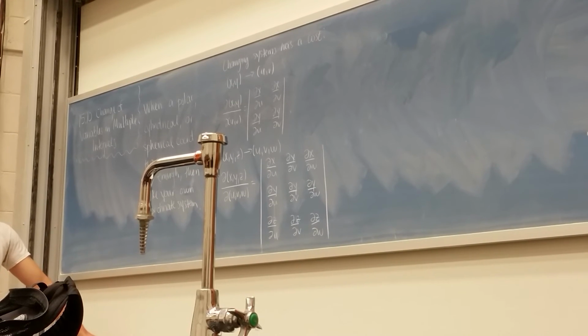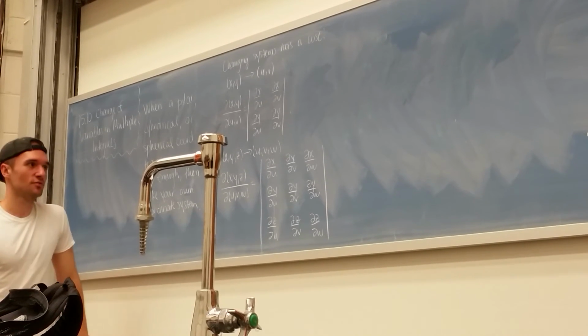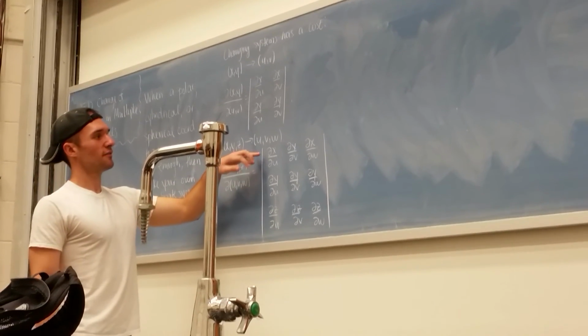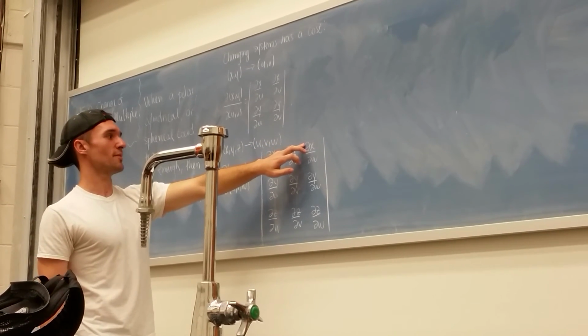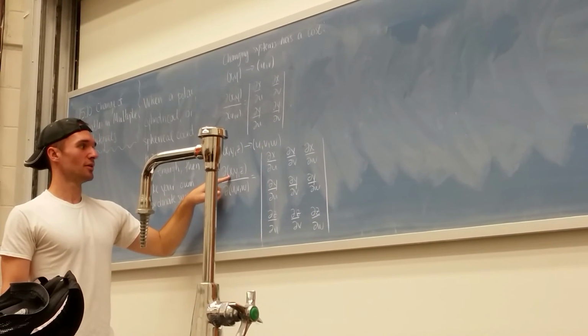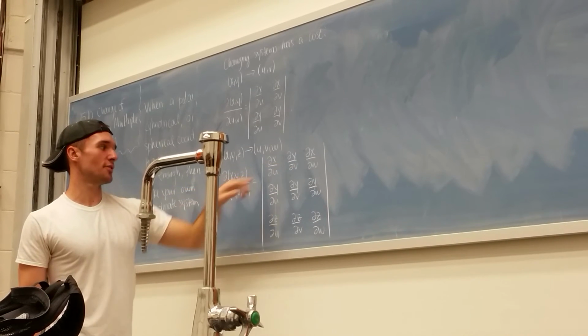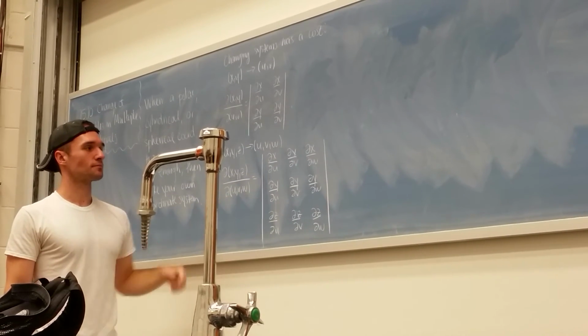If you have a hard time remembering the formula, then just notice that the first row is the partial derivative of the first variable with respect to each of the three variables you're changing into.